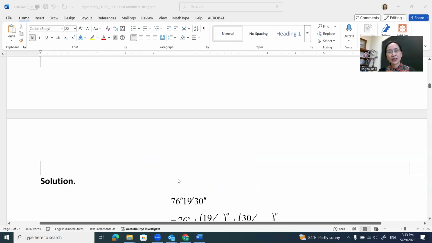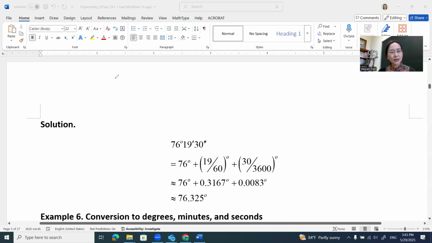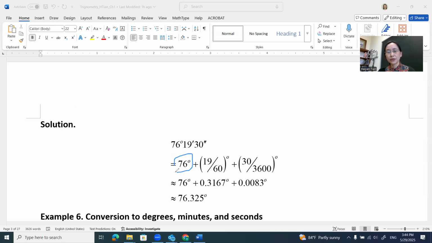So let's look at the process together. So that's the degree, which we don't have to do anything. It's already in degree measure. The 19 minutes becomes this fraction of a degree. And 30 seconds is becoming this fraction of a degree.